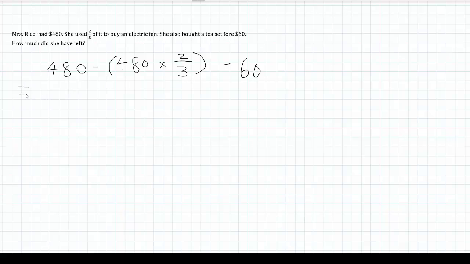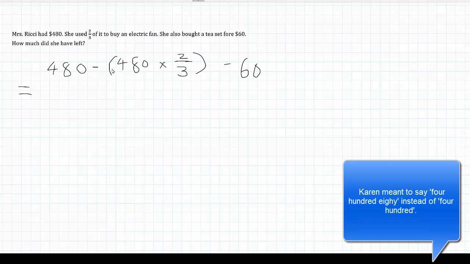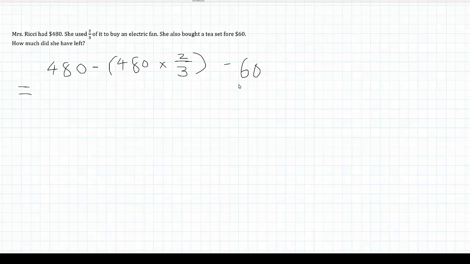And now all we have to do is simplify this equation. 480 minus the product of 480 times 2/3 minus 60. First, we do the parentheses. 480 times 2/3 is equal to 2 times 480 over 3 minus 60.